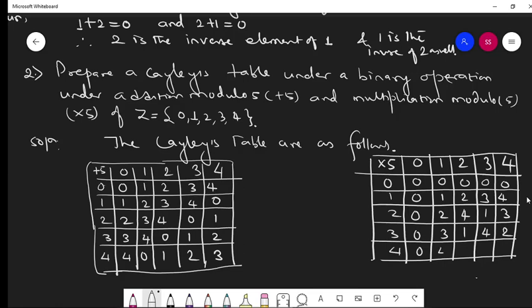And 4 1s are 4, 4 2s are 8 which is 3, 4 3s are 12 which is 2, and 4 4s are 16, remainder is 1. In this way we can develop Cayley's table under addition modulo 5 and multiplication modulo 5.